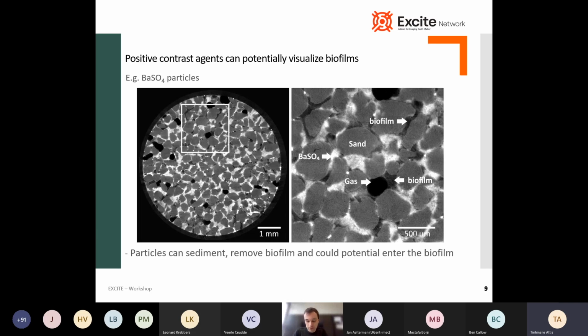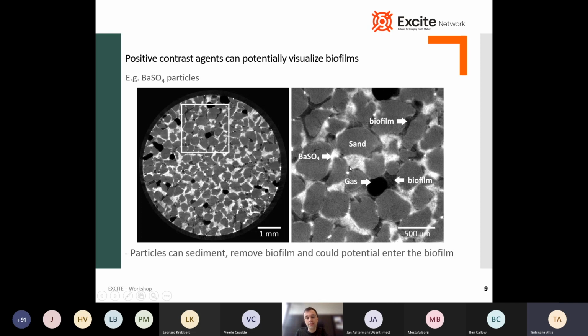Positive contrast agents were often successful to visualize biofilms, and here I put the example of barium sulfate. What you can see on the left is a cross-section through a sand column in which bacteria grew. After bacteria were grown, I pushed out the water, let's say, and replaced it with a barium sulfate suspension.